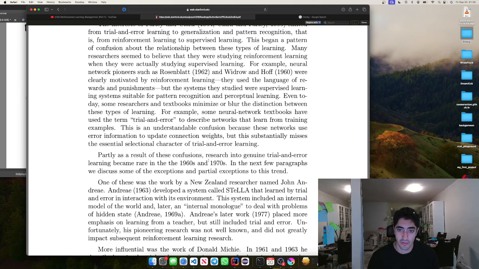Even today, some researchers and textbooks minimize or blur the distinction between these types of learning. For example, some neural network textbooks have used the term trial and error to describe networks that learn from training examples. This is an understandable confusion because these networks use error information to update connection weights. But this substantially misses the essential selectional character of trial and error learning.